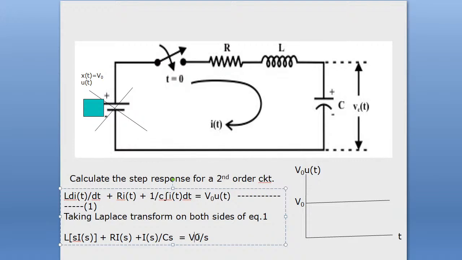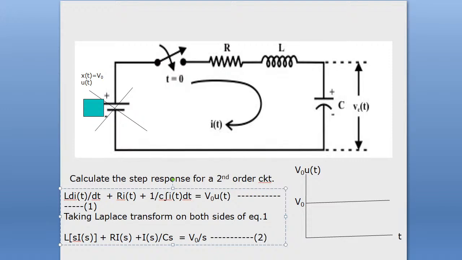Okay, V naught divided by s. Now you will rearrange this equation in terms of the current component. You express the current component in terms of others. This is equation 2.